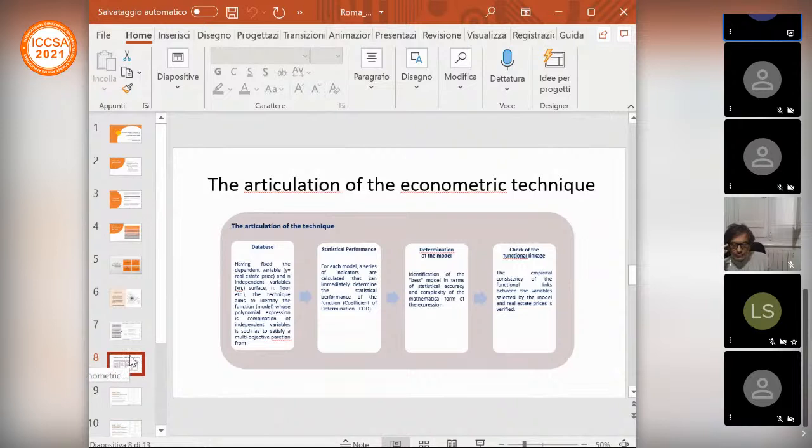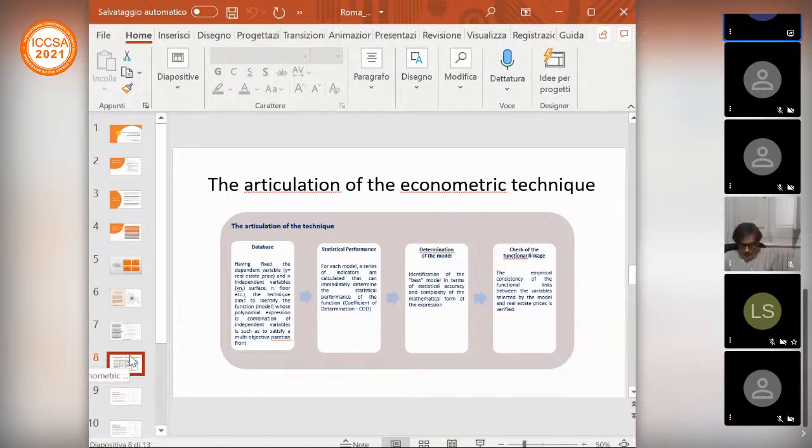So we first collect the database, we check the statistical robustness of this database, and we applied the econometric technique to both databases, and we obtain two models, one for the second semester of 2019 and one for the first semester of 2021.